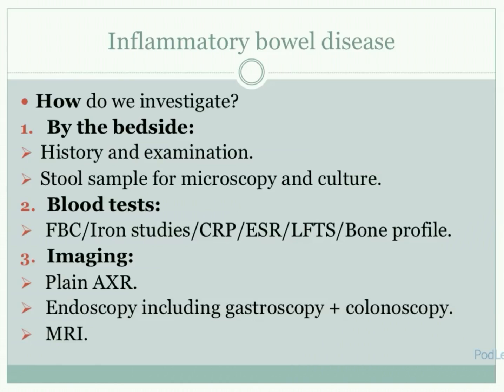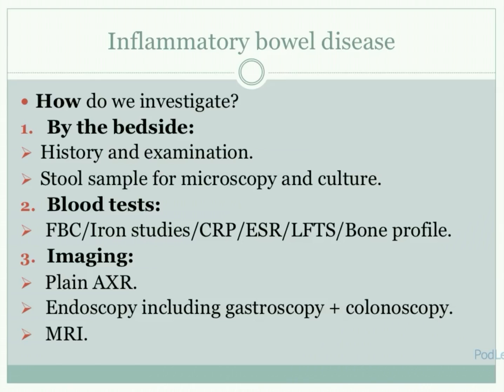So, how do we investigate? I've divided our investigations into 3 categories. Firstly, by the bedside. So, within any disease, history and examination are key. We can also send off a stool sample for microscopy and culture to rule out infective causes of abdominal pain and diarrhea.